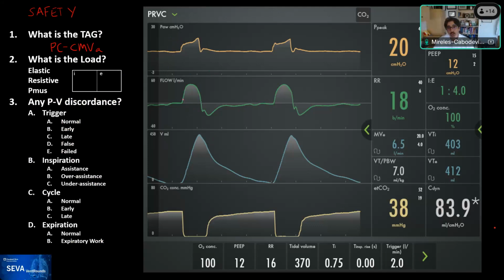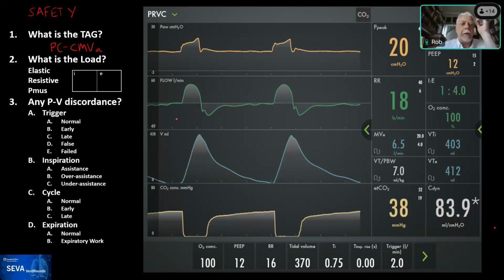In this case, it would turn white on each one of those waveforms. And we don't see that happening, right? There's no change. There's also no deflection before the pressure waveform, which is not always there. And we also don't see an increase in the flow above the baseline. So these are mandatory breaths.